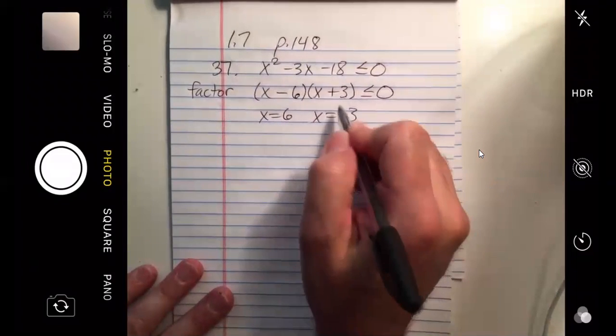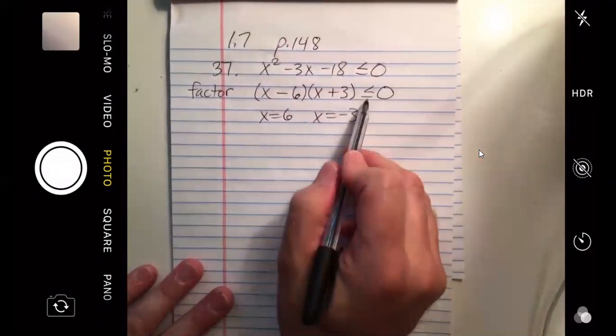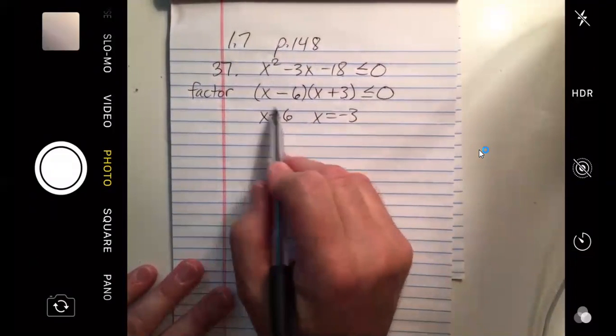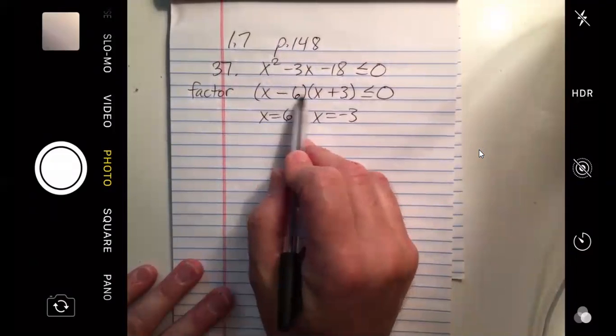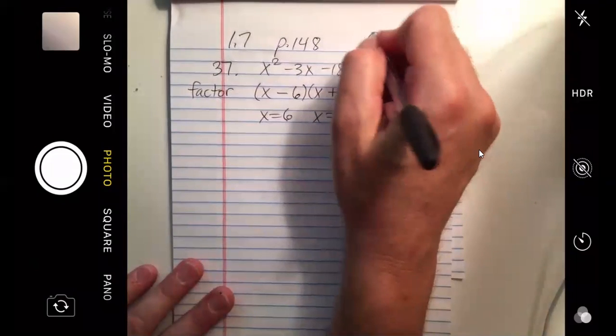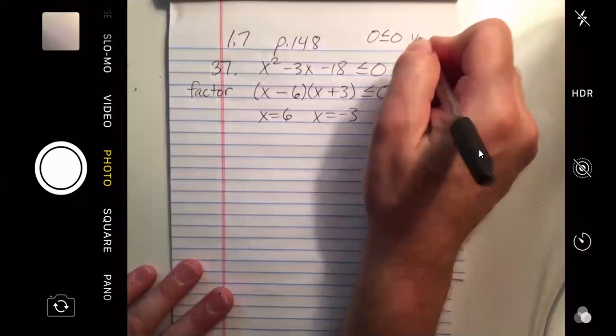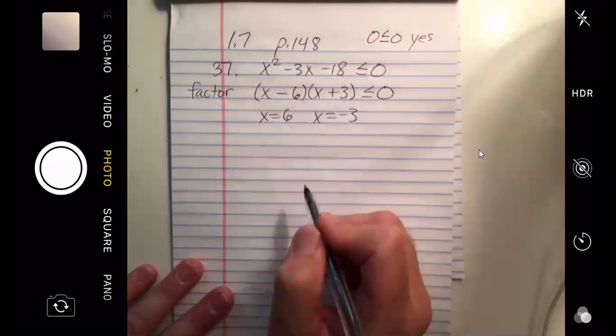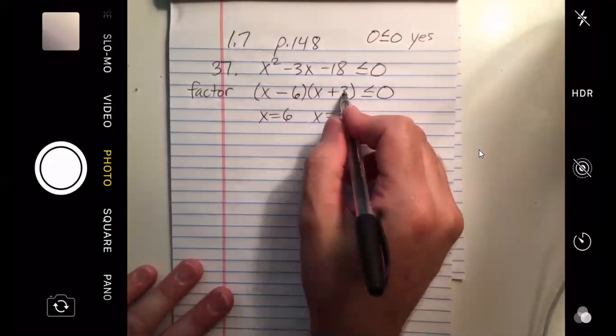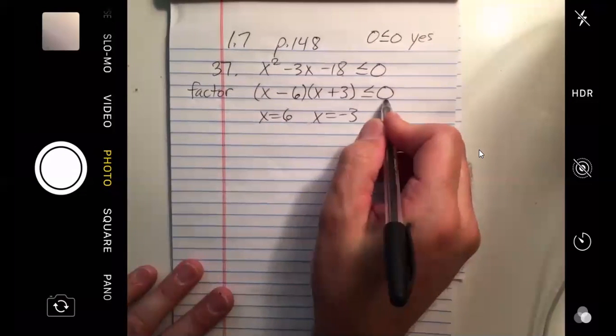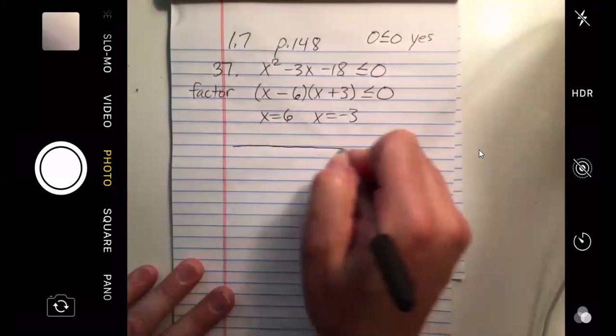These are answers. Notice the or equal to. 6 minus 6, 0 is less than or equal to 0, yes. Negative 3 add 3, 0 is less than or equal to 0. On the number line, again, I stick them in order.